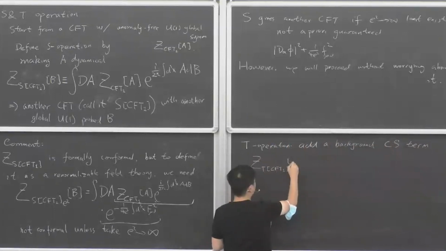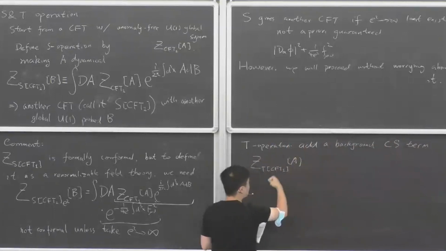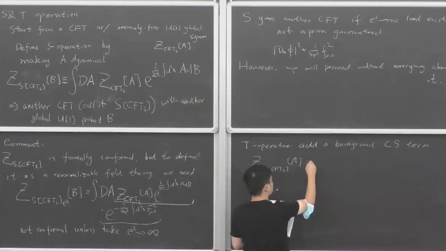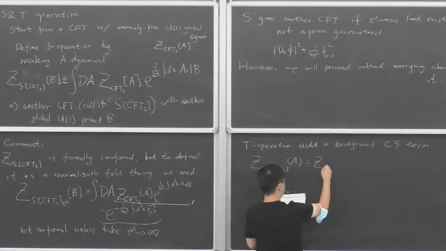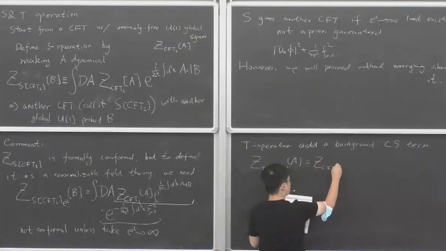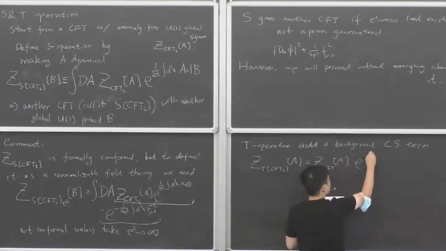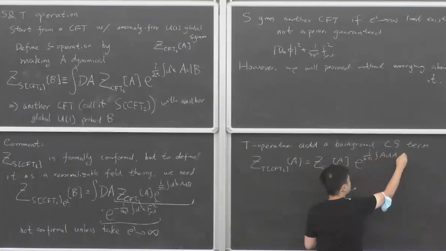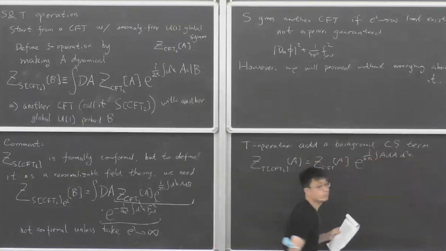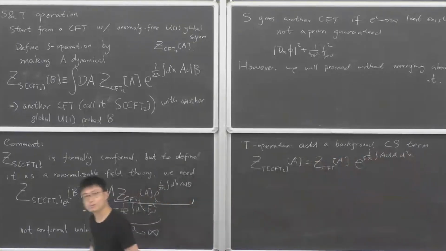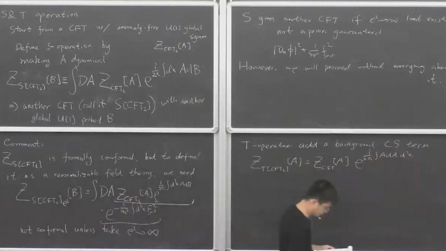For this one, I don't even need it to be a CFT, but let's just stick with it. So I'm just adding a background Chern-Simons term to it. If you like, stack another integer quantum Hall insulator in the UV.